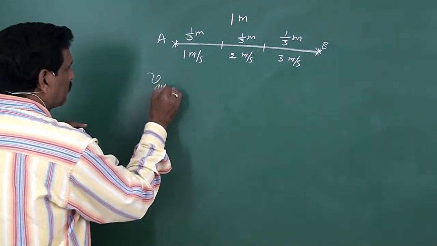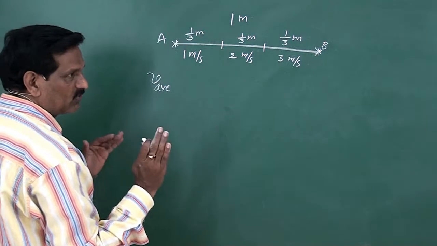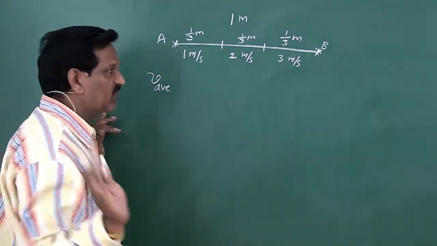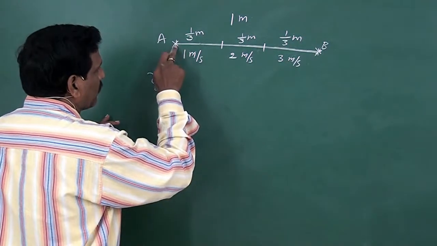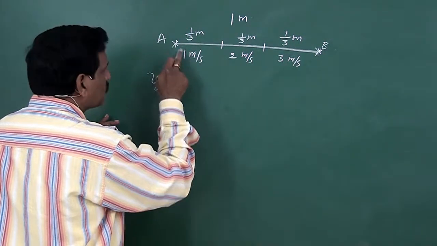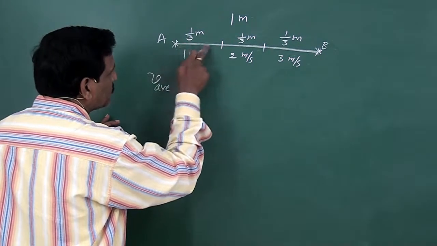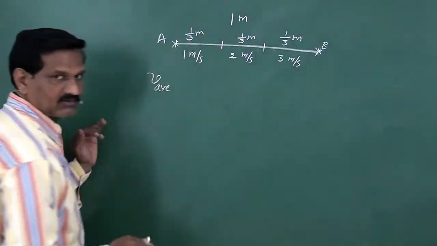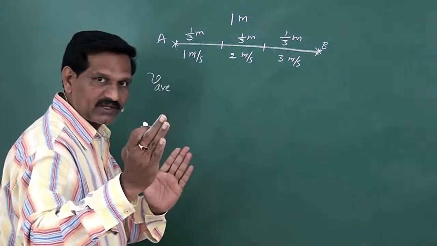Again, to find the average speed, what do we do? We calculate times in different cases. So here the body moves from this point to this point with this speed. So we have to calculate time taken for this journey, time taken for this journey, time taken for this journey. Then you get total time taken.